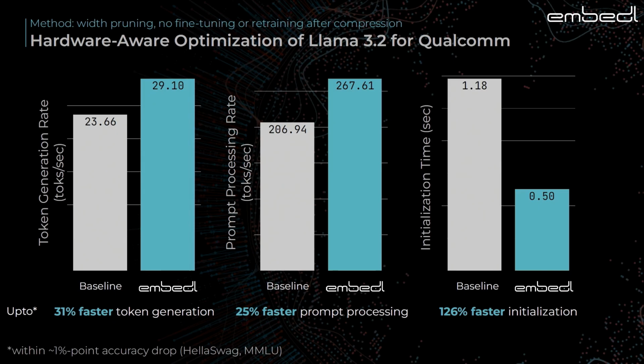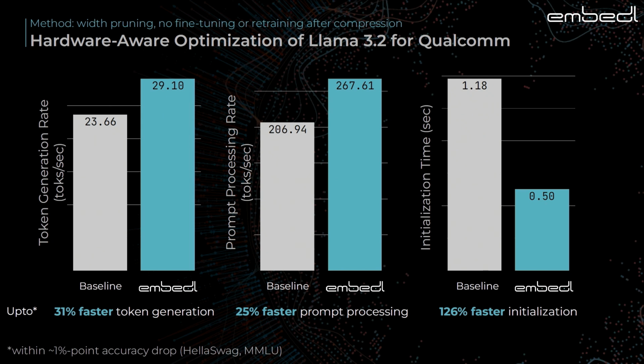On the left-hand side, we see the familiar token generation rate, where higher is better. Here, by using hardware-aware optimization, we were able to get a 31% faster token generation for the Llama 3.2. All of those results are within a 1% accuracy drop, looking at some evaluation metrics for LLMs.